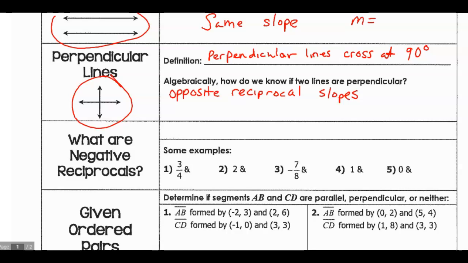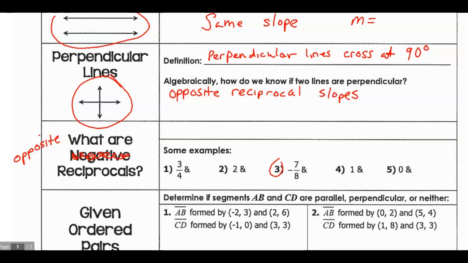It says, what are negative reciprocals? Well, negative is really a bad word because as you'll see on number 3, the answer ends up not being negative when I get there in a second. So really what we want is the opposite reciprocal. In all of these cases, one will always be positive and one will be negative.